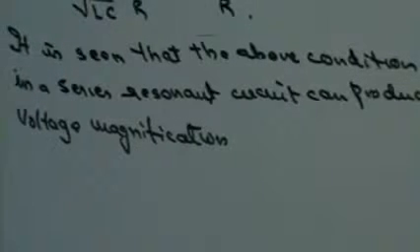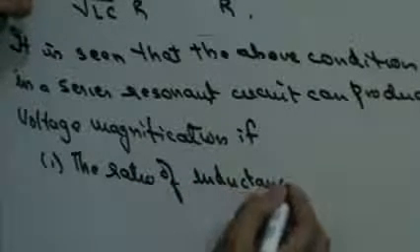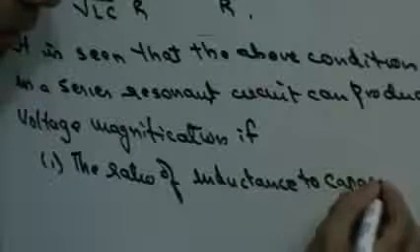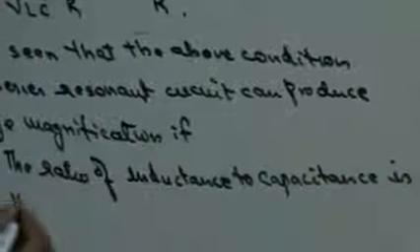Right? So Q is root of L upon C divided by R, right? For voltage magnification, if I want voltage magnification in a resonance circuit, then the value of L upon C should be very high. First, the ratio of inductance to capacitance is very high.